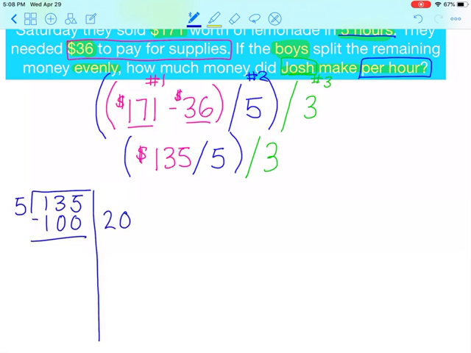So I'm going to subtract, and I'm left with 35. Now, I know that 35 is a multiple of 5, because 5 times 7 is 35. So there's no remainder. So in the 5 hours, every hour that the lemonade stand was open, the boys, all 3 of them together, made $27 per hour.